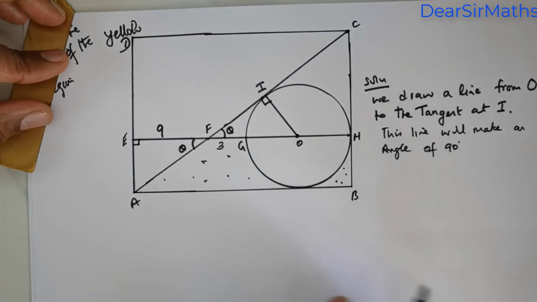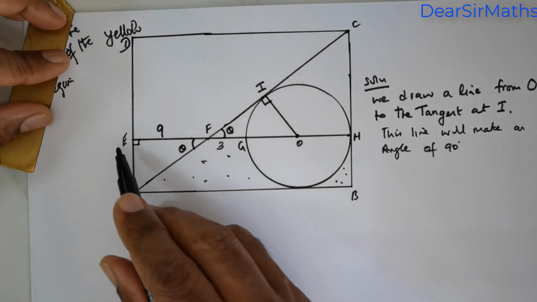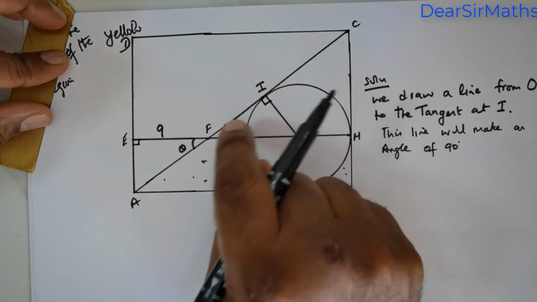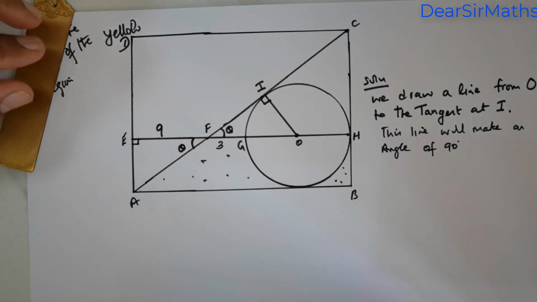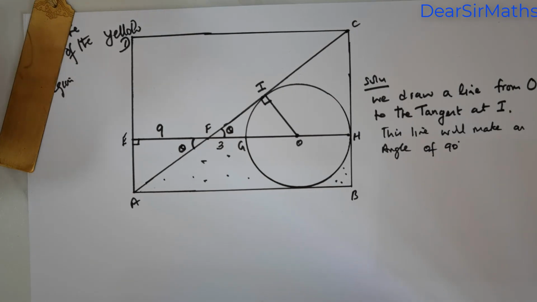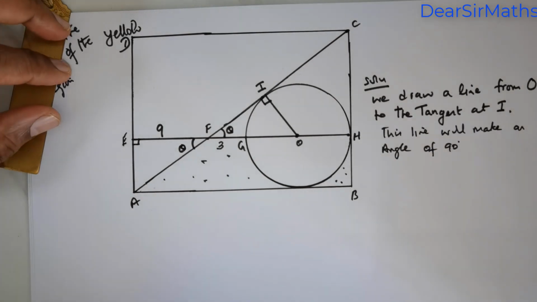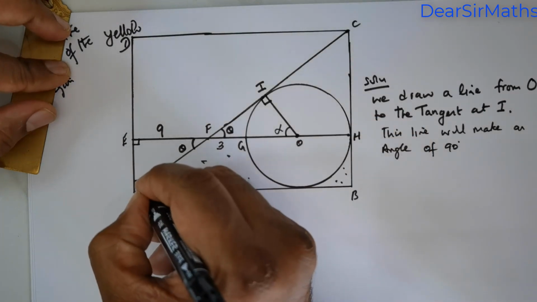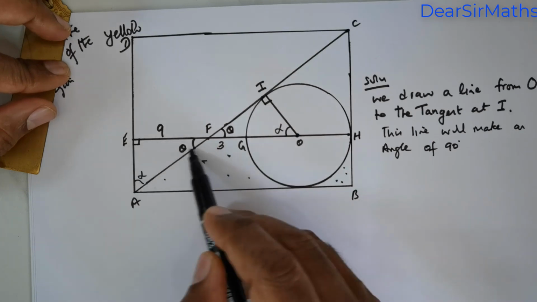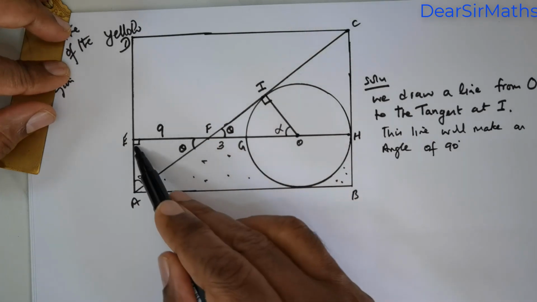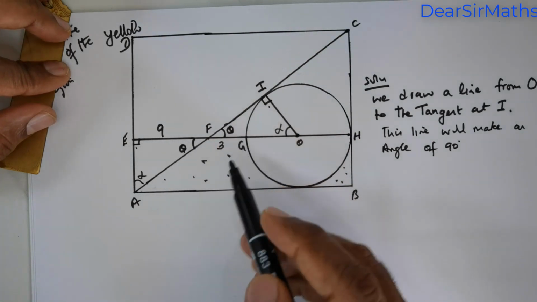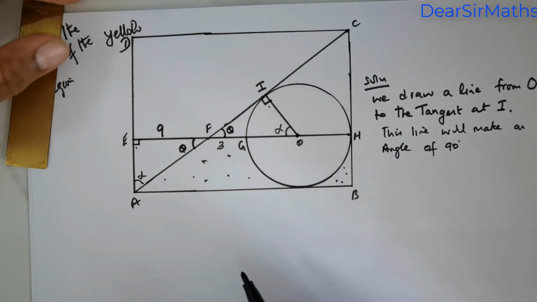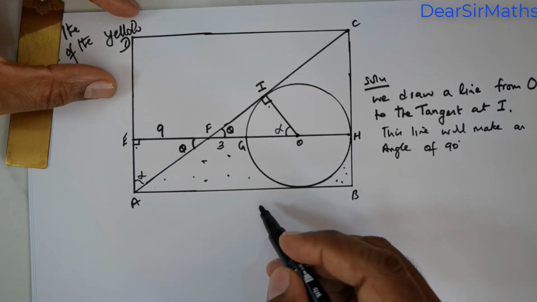Now can you clearly see that AEF and OIF are actually having the same angles? So if this is going to be some alpha, this will also be alpha, because if this is 90, this is theta, this is 90, this is theta, this is going to be alpha.